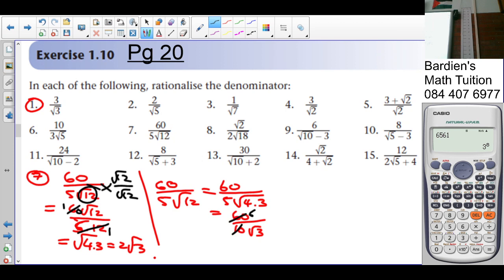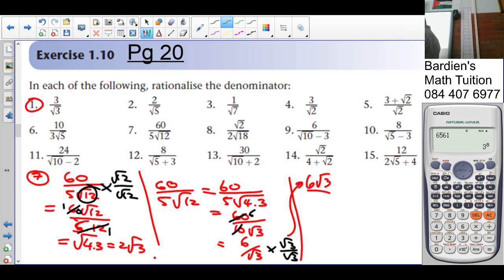So I multiply 6 root 3 by root 3 over root 3. That's going to give you 6 root 3 over root 3 times root 3, which is 3. 3 going into 6 twice. So it's 2 root 3.